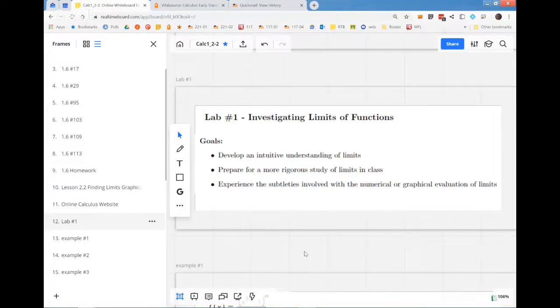We're going to try to lay the groundwork for a more rigorous study of limits, which is coming in the days to come, and start to experience the subtleties involved with numerical or graphical estimation of limits. I think I've got something like 12 examples we're going to look at today. You'll see slight differences in different kinds of functions. So let's get into it.